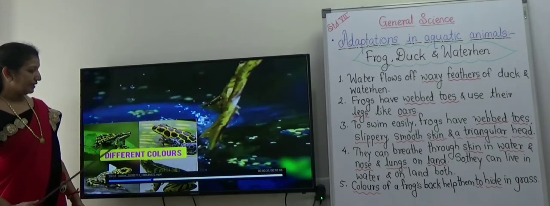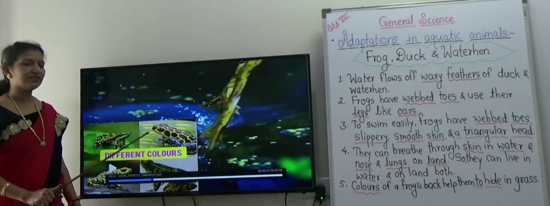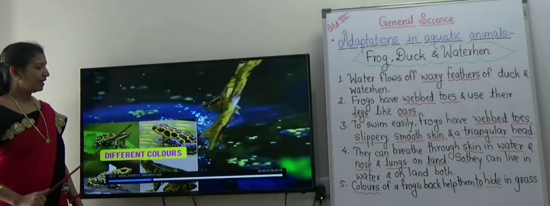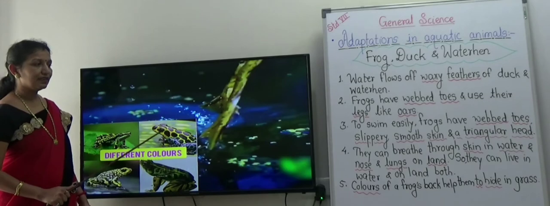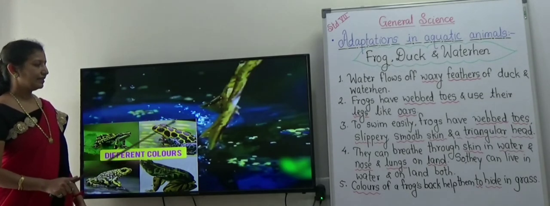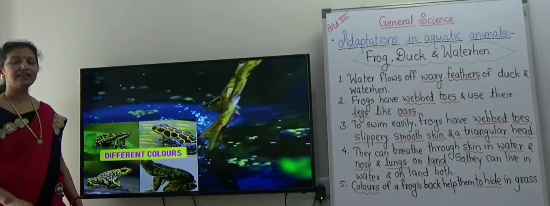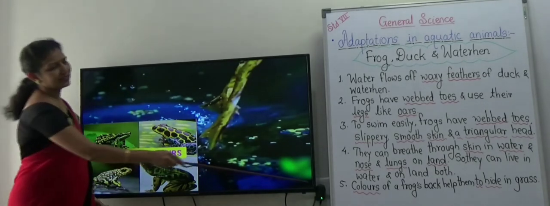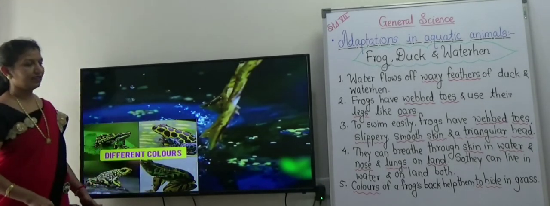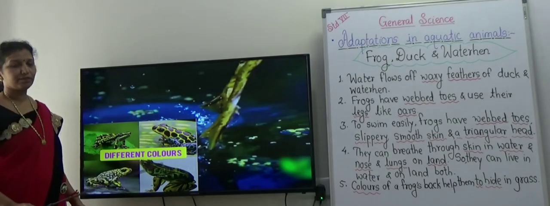Now these frogs have different colors. Why do they have different colors? Because the color of the frog's back helps them hide in the surrounding grass or anywhere in their surroundings.